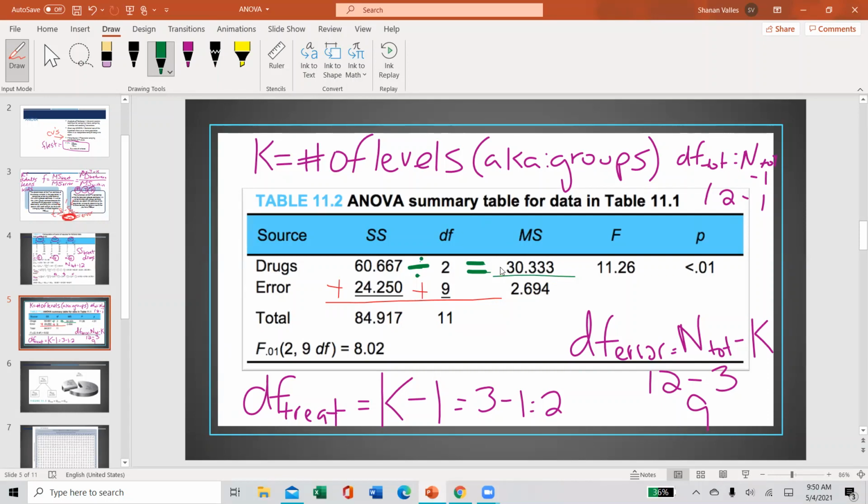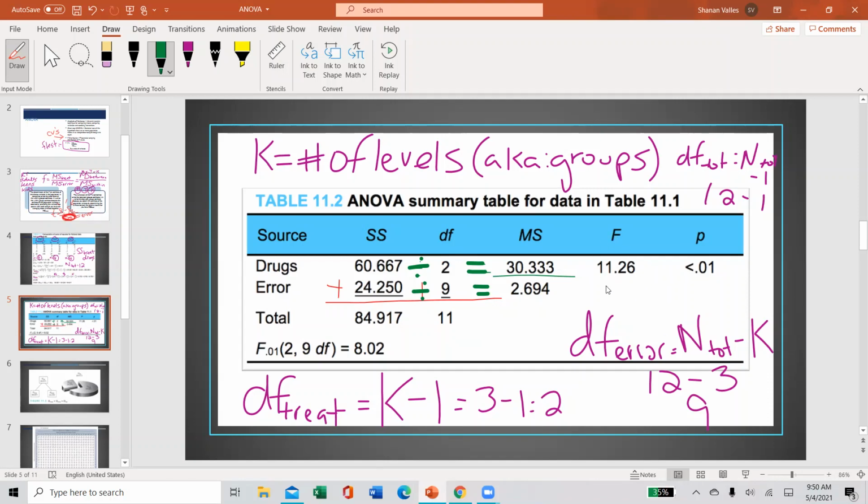And the same holds true down here: SS error divided by degrees of freedom error will give you MS error. So in this source table, you can add down and you get your totals, and across you divide.